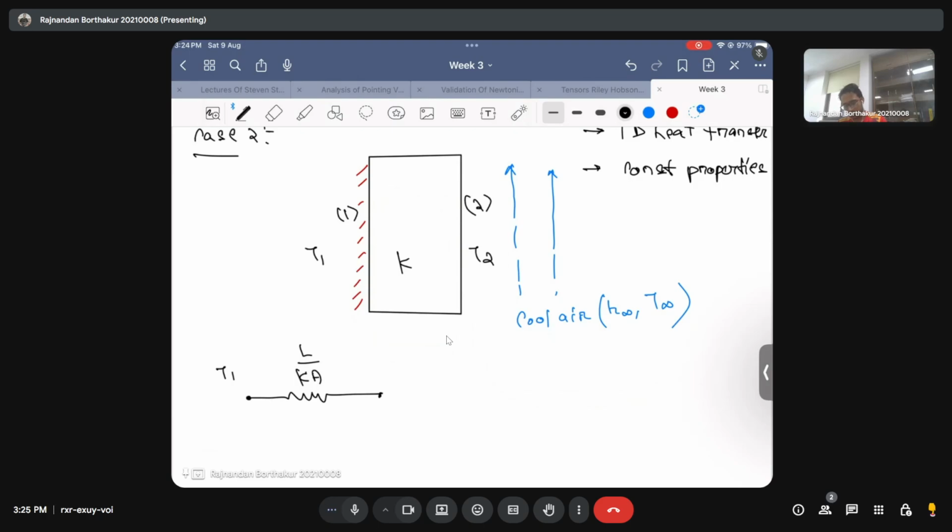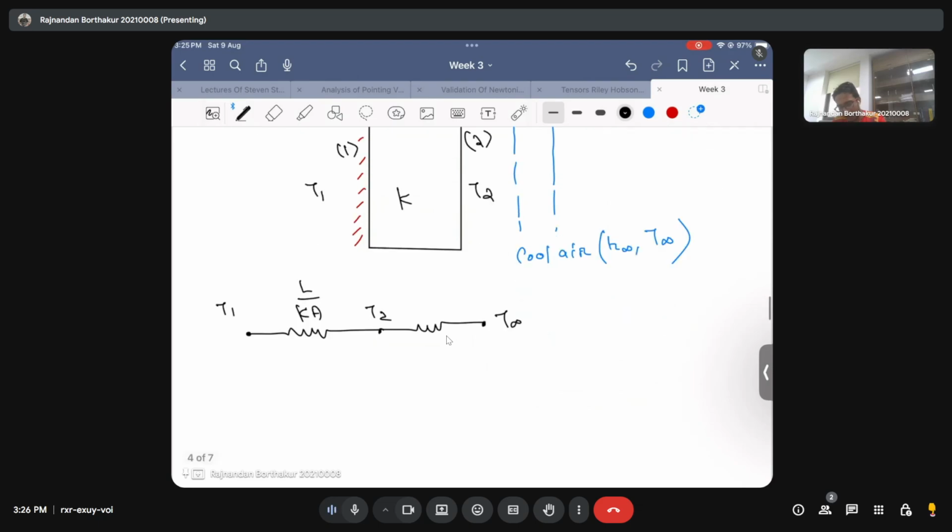This node temperature is going to be T2, but this does not finish the resistance network, because when the heat energy reaches the right hand side of the slab, it will see that there is cool air flowing, onto which it can dissipate the energy. That's the reason we will have one more resistance in the picture, and the final temperature node will be T infinity.